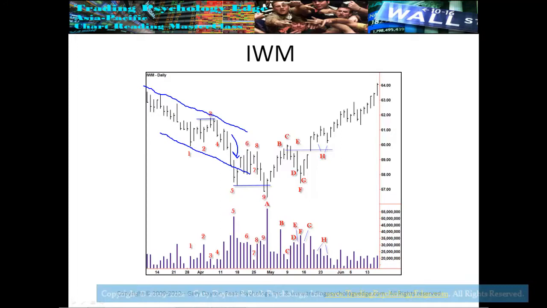It's another mark of climactic action. It will typically go beyond the trend channel and go outside of it. That's why we say a market becomes oversold, because it's gone down below the lower trend line.